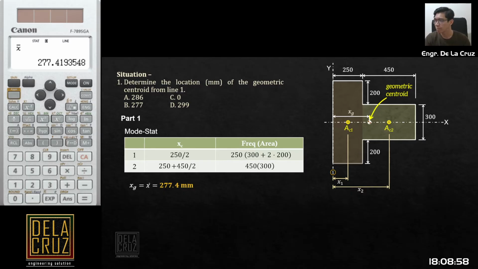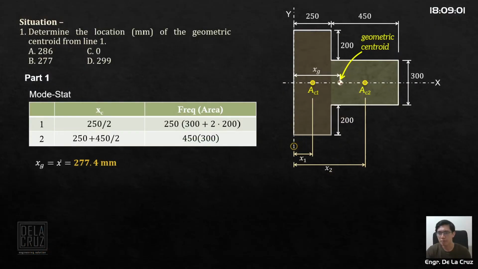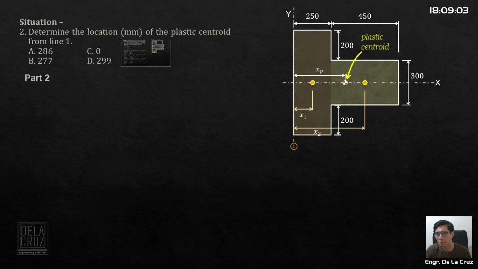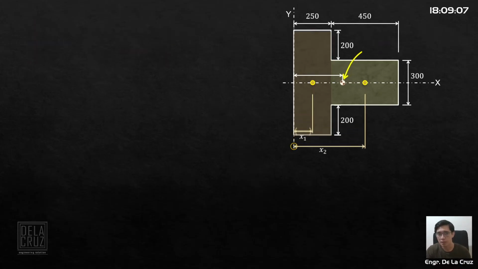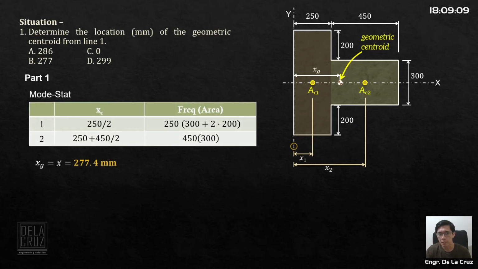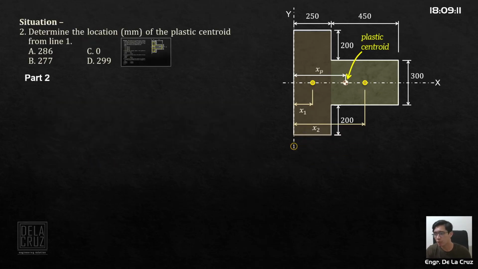Okay, that's it. Next. What is the difference between our plastic centroid and geometric centroid? The geometric centroid is the centroid of the geometry, the centroid of the shape of the concrete.